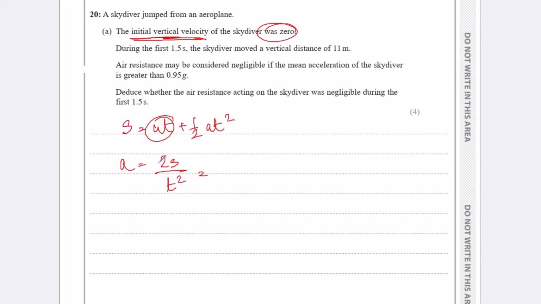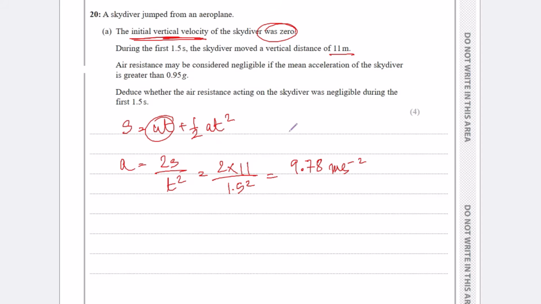Let's find out a, everybody. a should be twice times s, which is 11, divided by t, which is 1.5, the whole value squared, which gets you 9.7777. So you just round it off to 3SF, which is 9.78 meters per second squared.